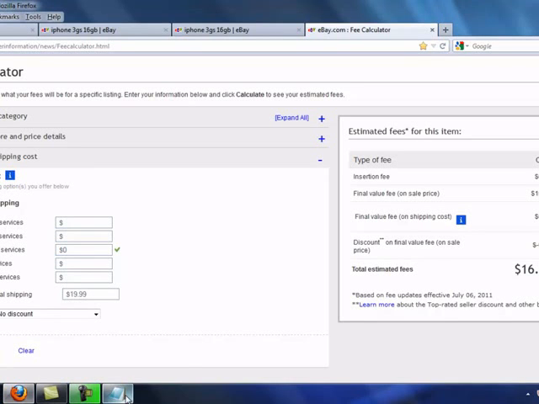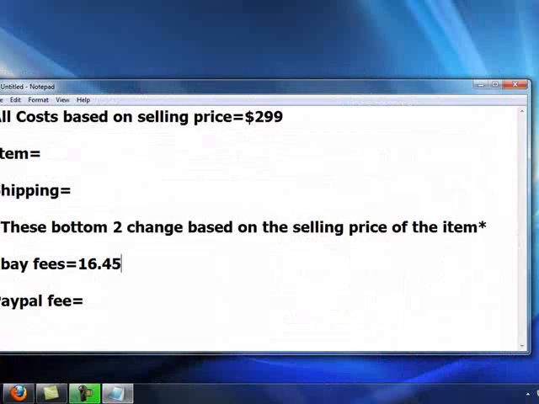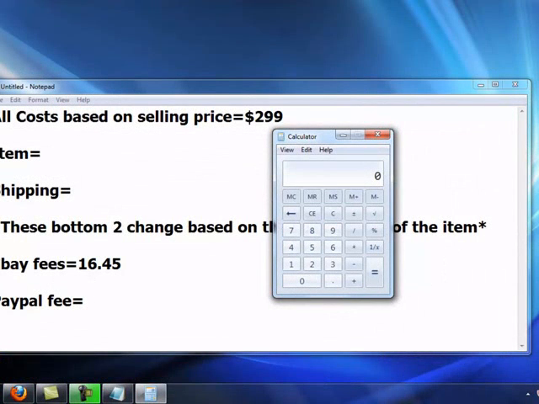So what I'm going to do is go back to my notepad, and my eBay fees based on that $299 is $16.45. Now I know that PayPal is going to charge me about 3.9%. I always just say 4%. I'm going to collect $299. That's what they charge me based on how much I get in my PayPal account.